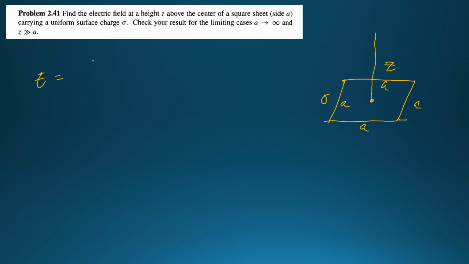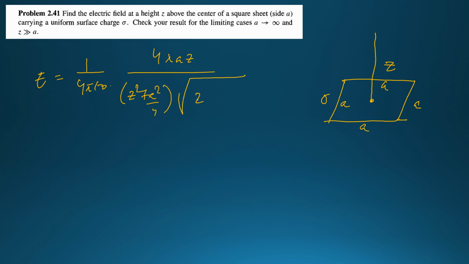The electric field is 1 by 4 pi epsilon naught, 4 lambda a z divided by z square plus a square by 4, in the z direction. Actually, we had calculated it, because we cannot calculate the electric field again here. This is the electric field at the center of the square.